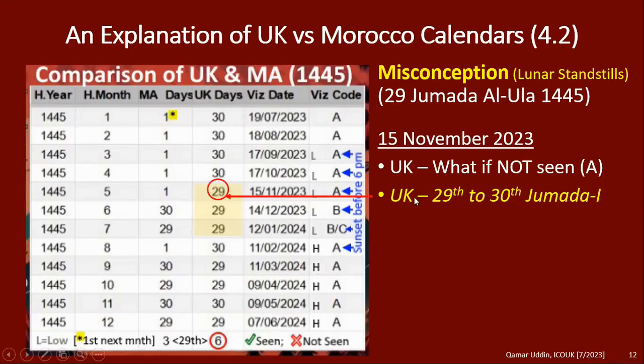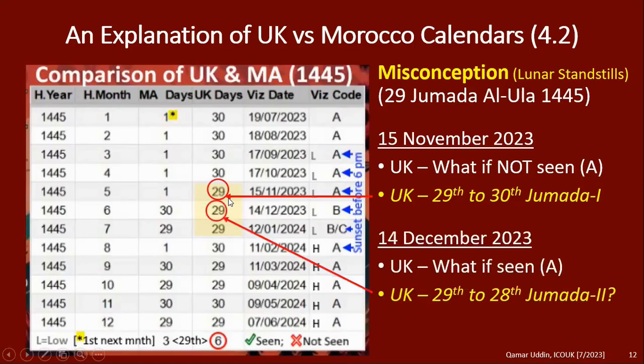But supposing, combined with low altitude and bad weather and lack of sight as well, it's possible that we miss it. So that means that that month 29 becomes 30. So supposing in that case, then 16th will become 30. The following month is also 29. Okay, 14 December, 29.